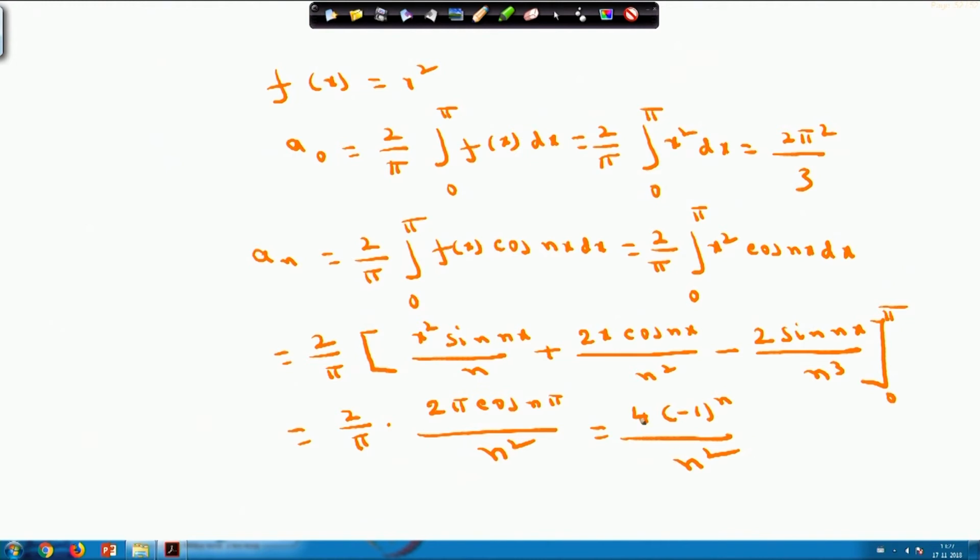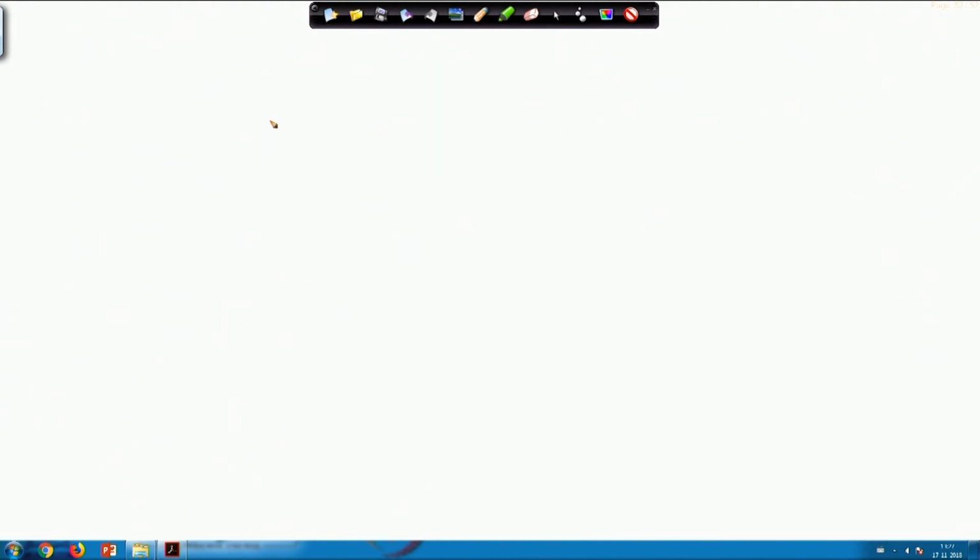The function f x is an even function, therefore I can express it in terms of the cosine series only; the b n term will not be there. So, once I have obtained a naught and a n, I can write f x, which is nothing but x square, equals a 0 by 2 plus summation n equals 1 to infinity a n into cos of n pi x by L, where L is equal to pi.